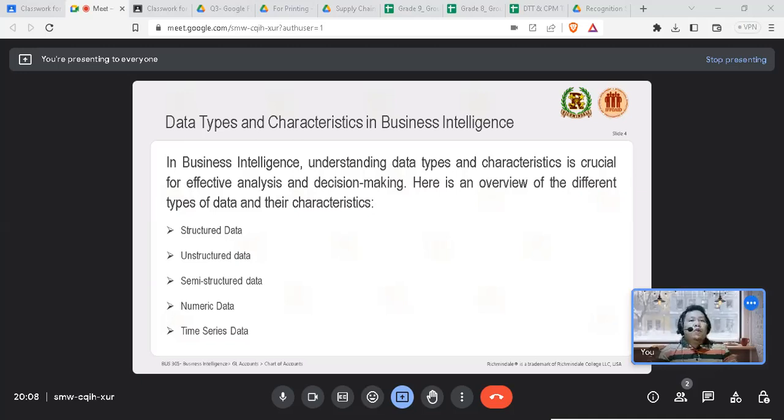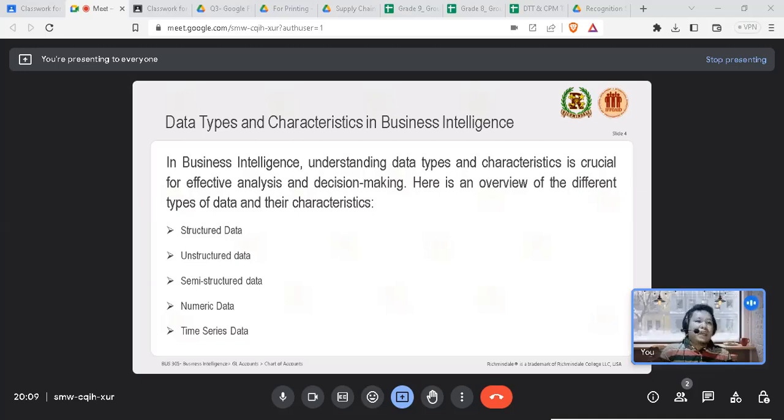There's also what we call reporting and visualization. Structured data lends itself well to reporting and visualization within business intelligence systems. Since it is organized and follows a predefined schema, it can be easily mapped to reporting tools or used for creating visualizations such as charts, graphs, and dashboards.